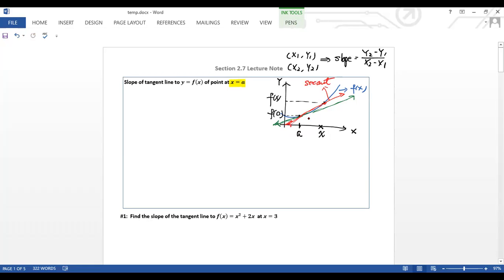As you can see, when x is getting closer and closer to a, what happens?